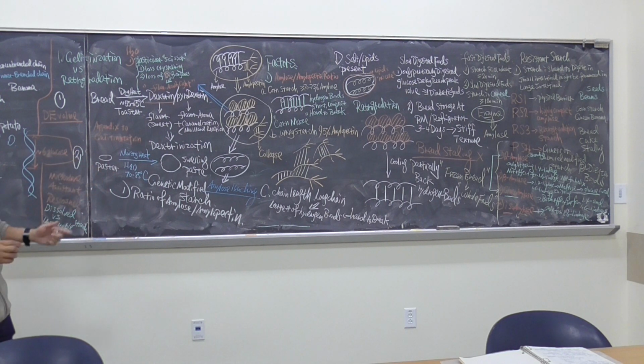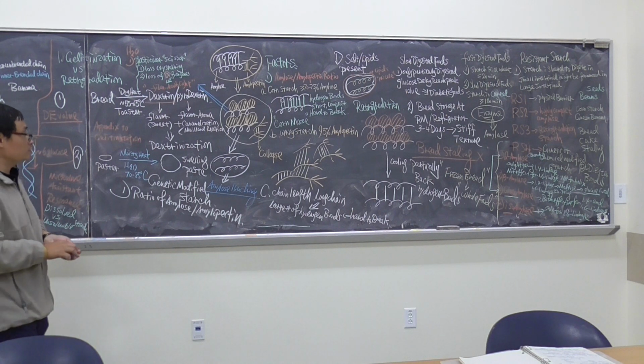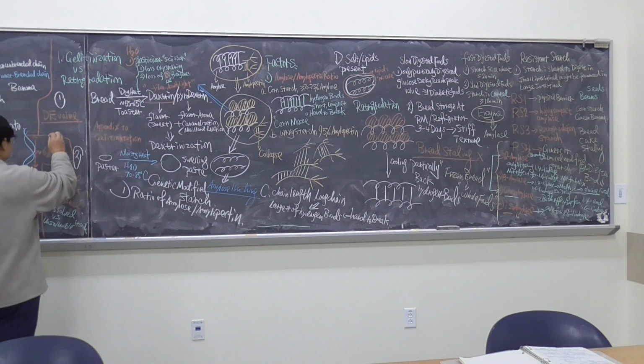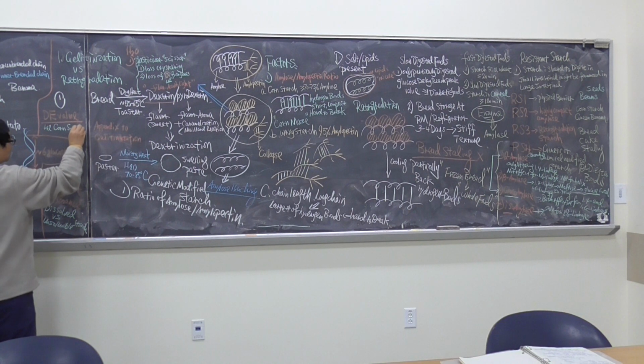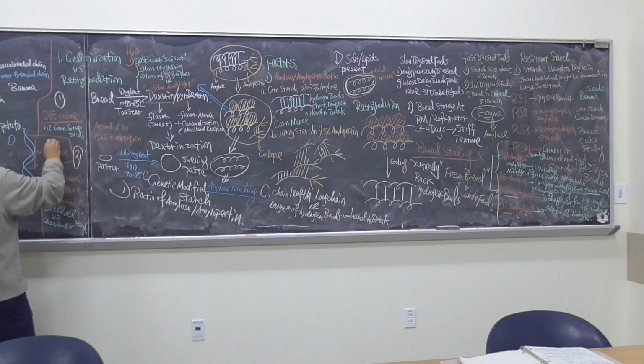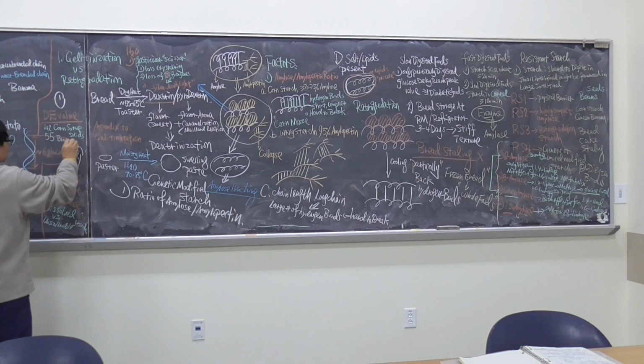It sounds complicated, but I just want to give you two examples. If the DE value is 42, this is corn syrup solids. If the DE value is 55, this is a brown corn syrup.